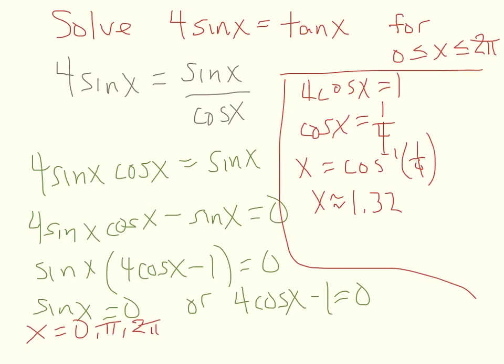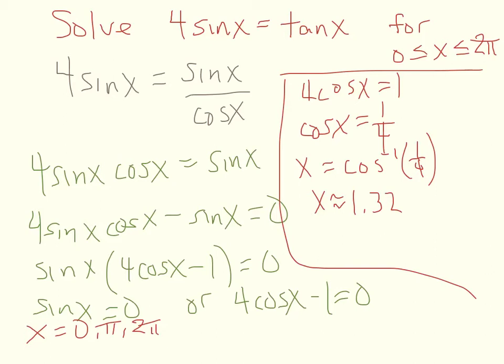So 1.32 radians, that is a first quadrant angle. Which other quadrant is the cosine going to be positive in? Well, the cosine is going to be positive in quadrant number 4. And the quadrant 4 angles reference off of 2 pi.